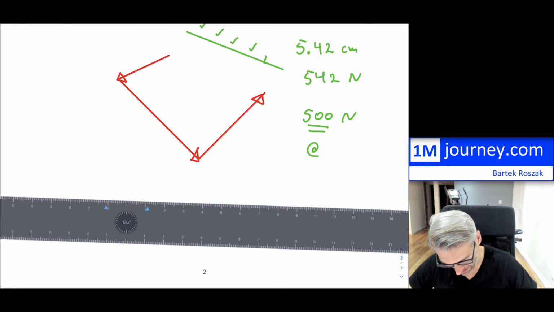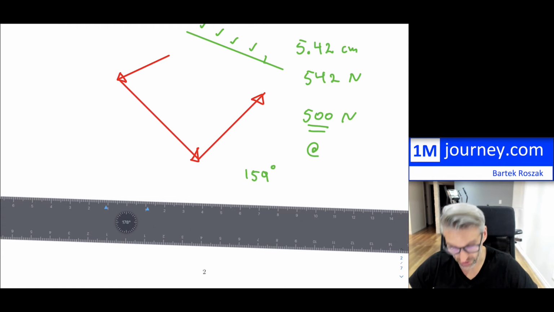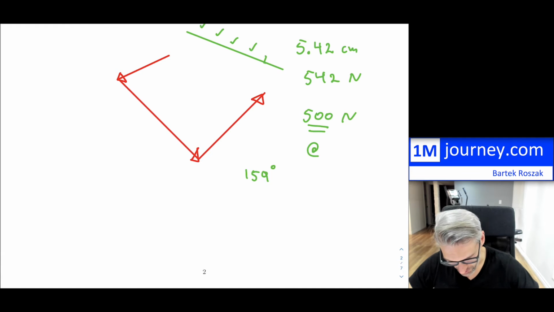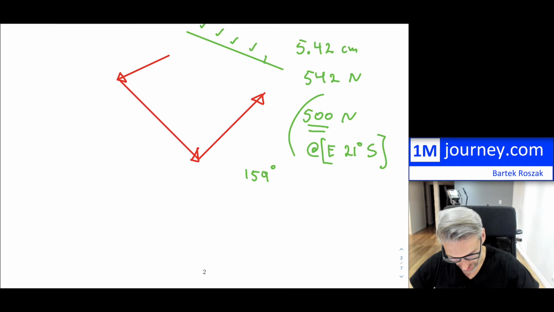Now recall, it was at 159 degrees. You can go back to the video if you want to see it, or rewind. Which means that's going to be 21 degrees, right? So starting from east going south. So that's going to be the direction, and here it is.